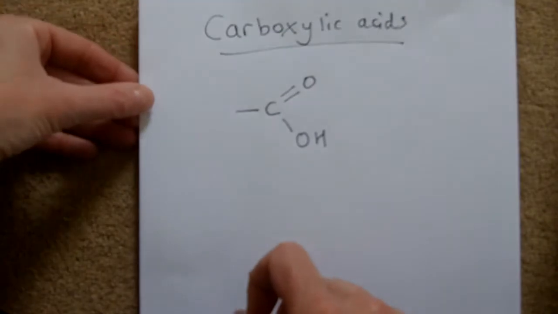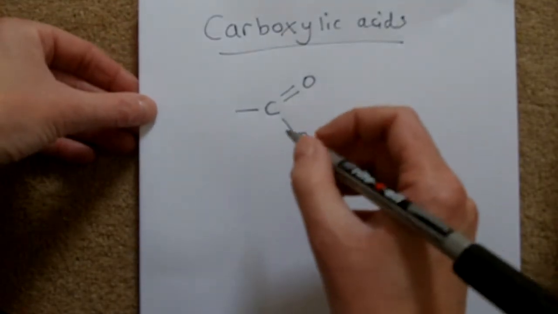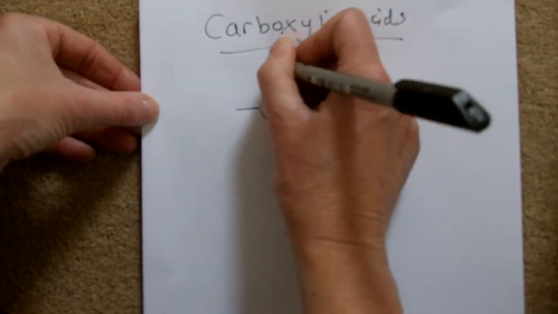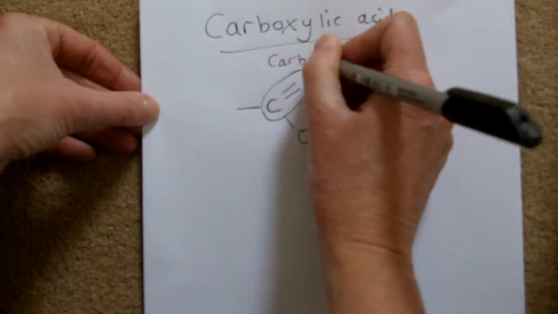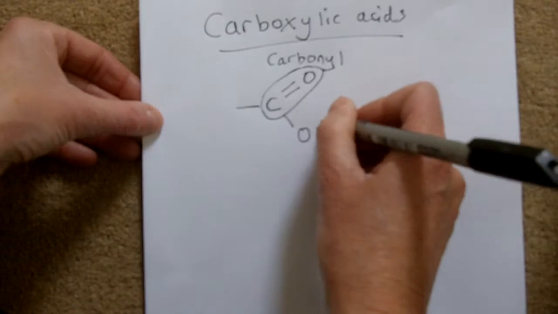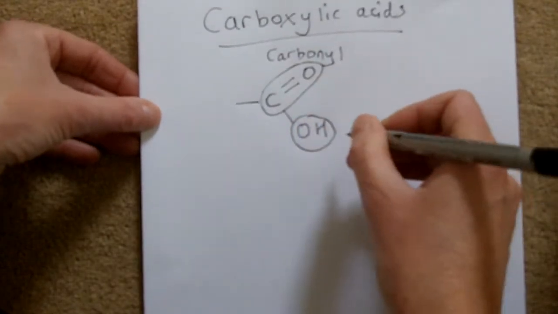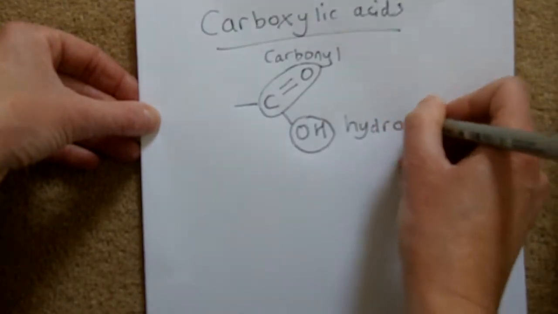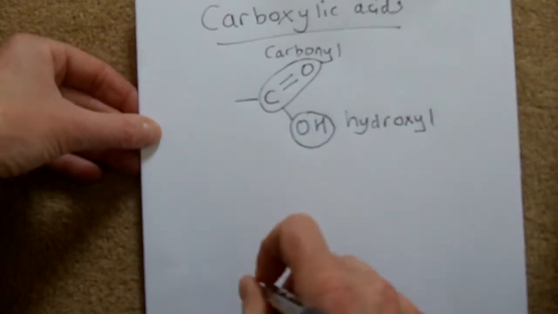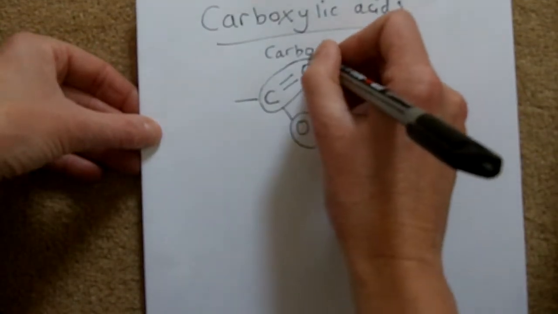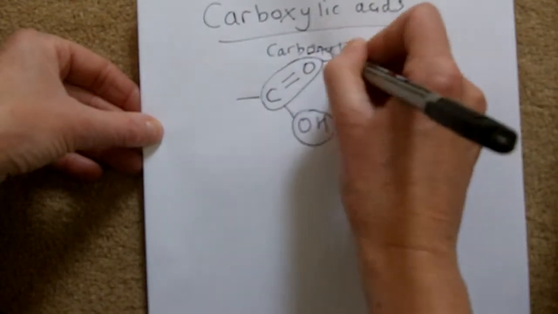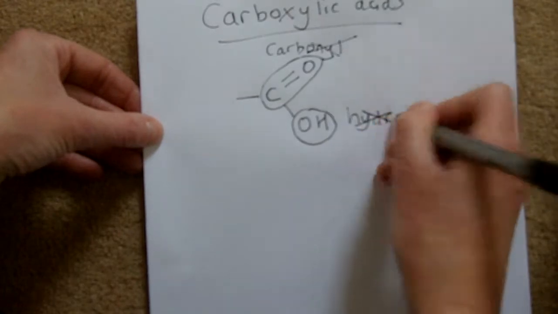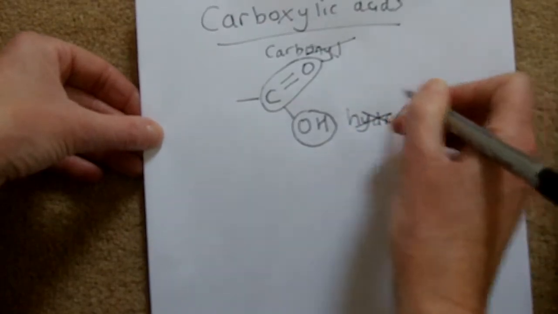The name of carboxylic acids comes from this part of the molecule, which is what you find in a carbonyl compound, and that part of the molecule, which is what you find in a hydroxyl part of the molecule. And if you take the carb part and the oxyl part, then that's your carboxyl.